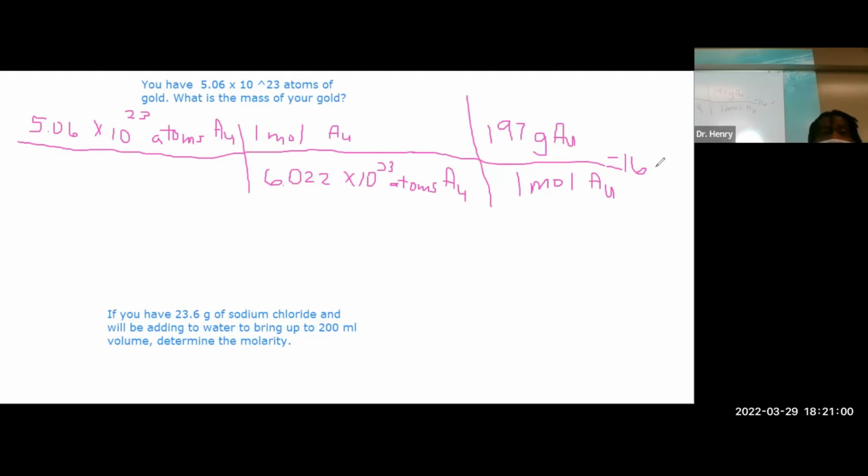Okay, so when we're entering things in the calculator, we've got to be careful how we enter them, especially since you guys are using those exponents. What I recommend is to multiply the numbers up top first.